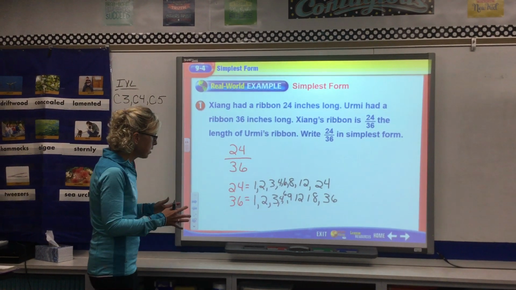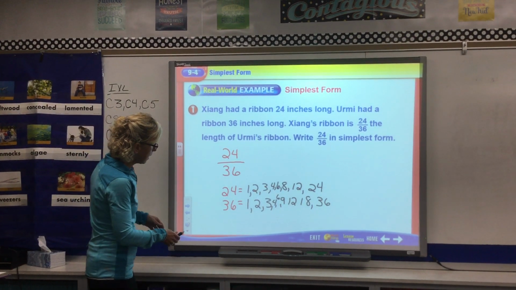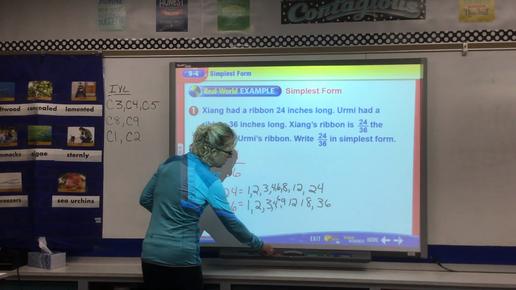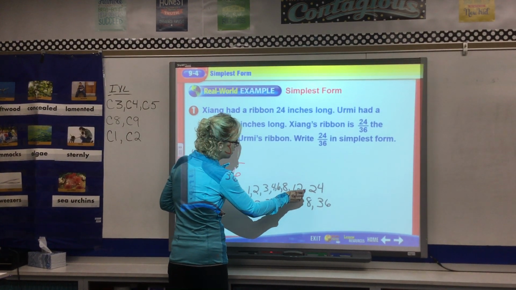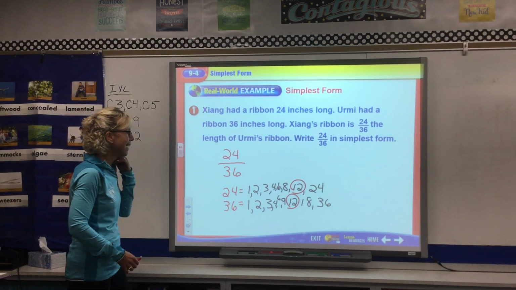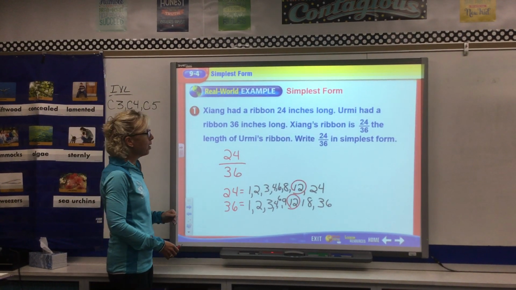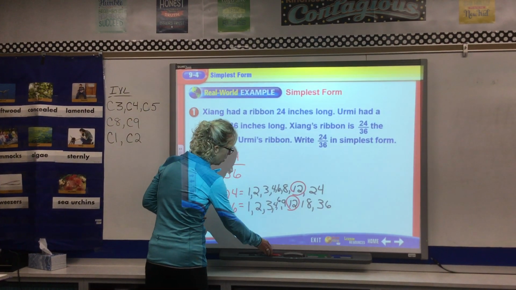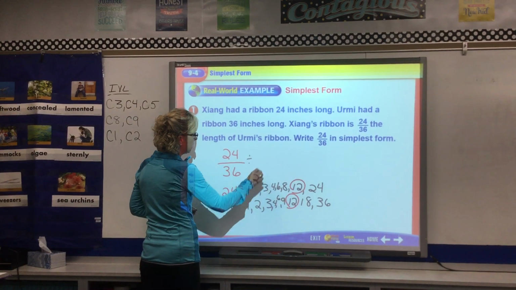They're all kind of scrunched there, but we have to look at those numbers, and we have to find the greatest common factor. If I look down my kind of messy column, I can see that 12 goes into both 24 and 36. If you find the greatest common factor, you just have to divide both the numerator and the denominator by that number.